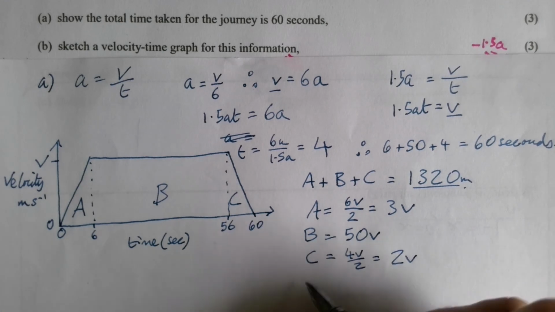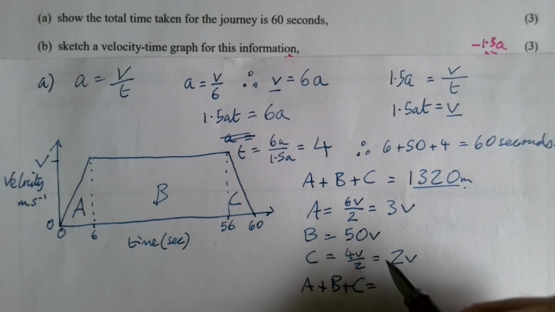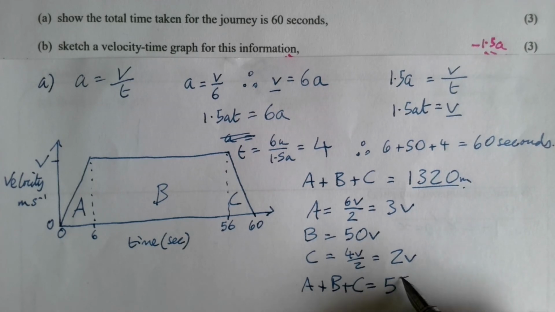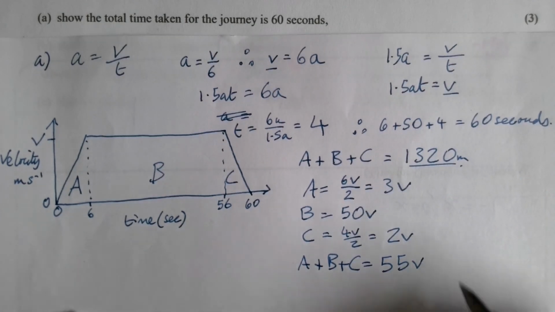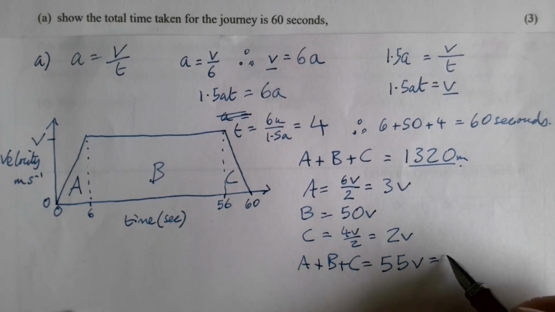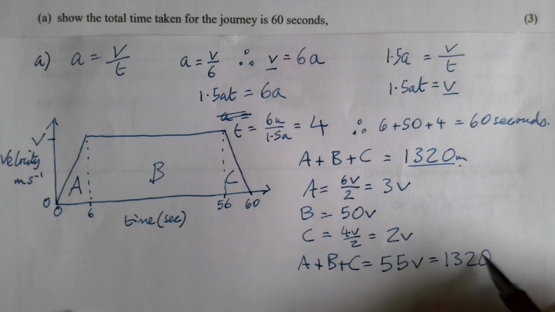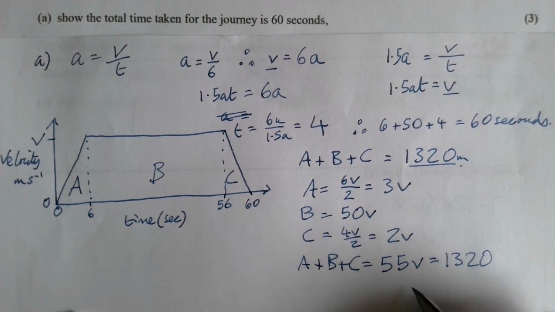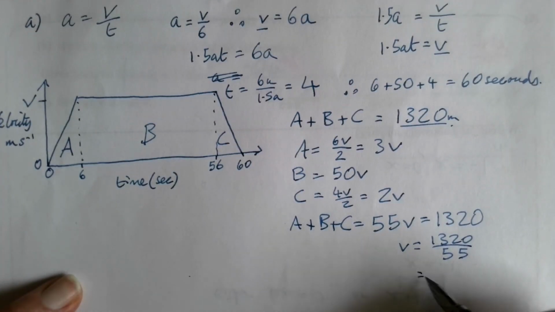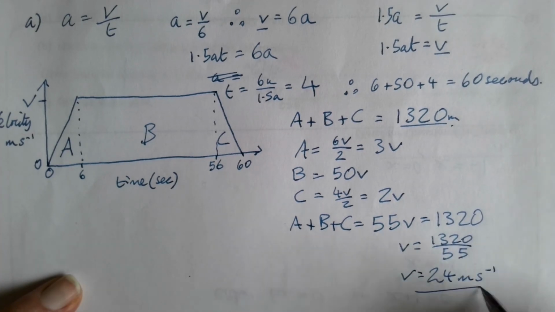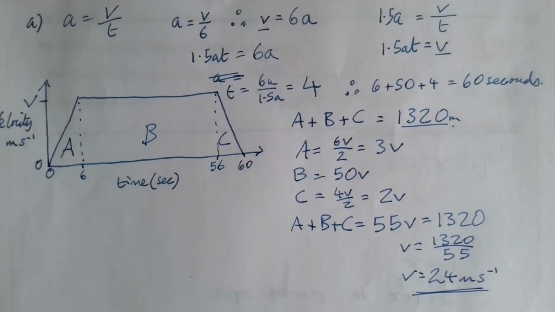So we can say that A plus B plus C is equal to 55V, because 3 plus 50 plus 2 is 55V, and we know that 55 times the velocity is equal to 1,320 meters. So then all we have to do is divide 1320 by 55, and that gives us exactly 24 meters per second. And that is that.